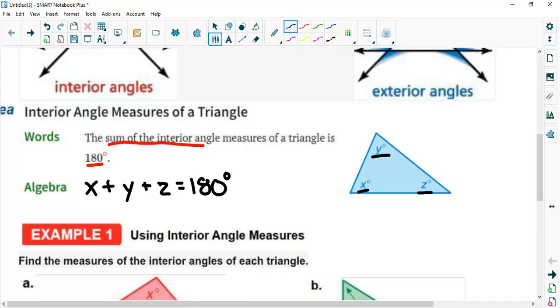We are going to be creating equations that help us find these missing angle measurements. Let's put this to use.